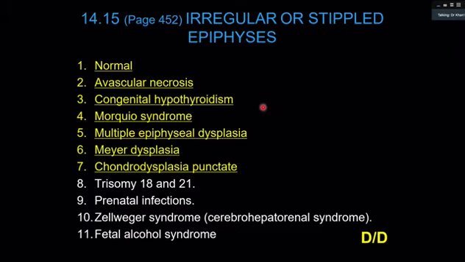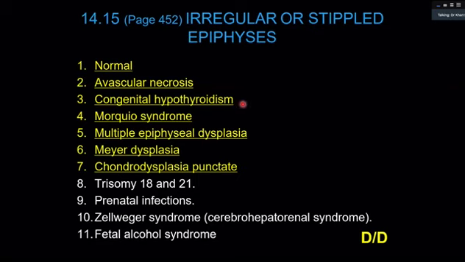So if you see here, this is the differential diagnosis of irregular or stippled epiphyses. Normal is a spectrum. Avascular necrosis, please remember that they can be bilateral in 10%, but the age group is different, 4 to 9, that's the age group. Congenital hypothyroidism or cretinism is a very important one.